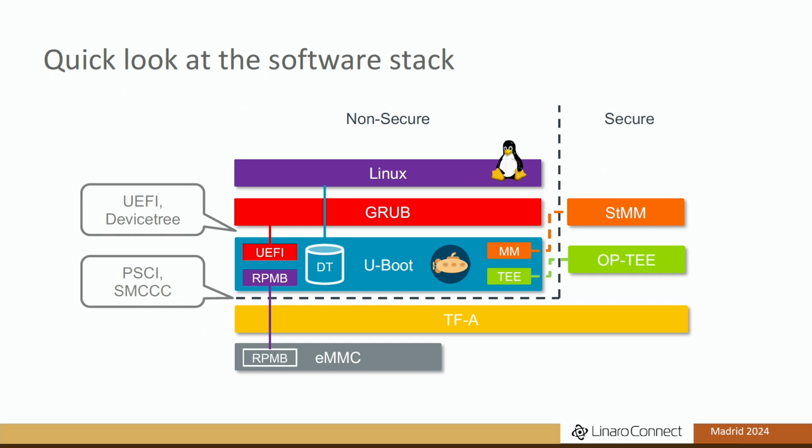You see the trusted firmware in yellow, providing support for the ARM secure world, and the operating OS, the OP-TEE in the secure world in green, running StMM as a secure partition.